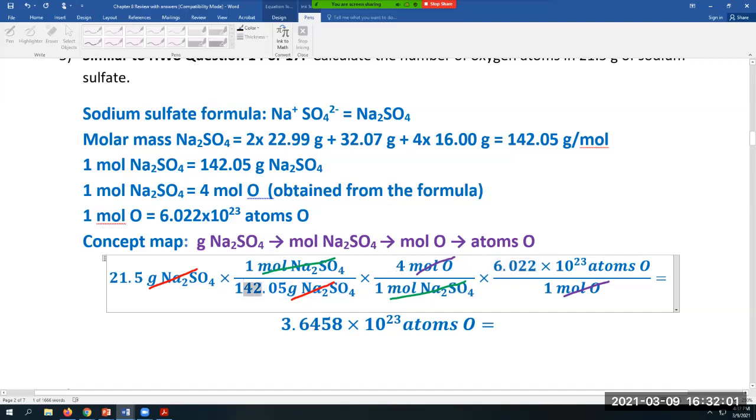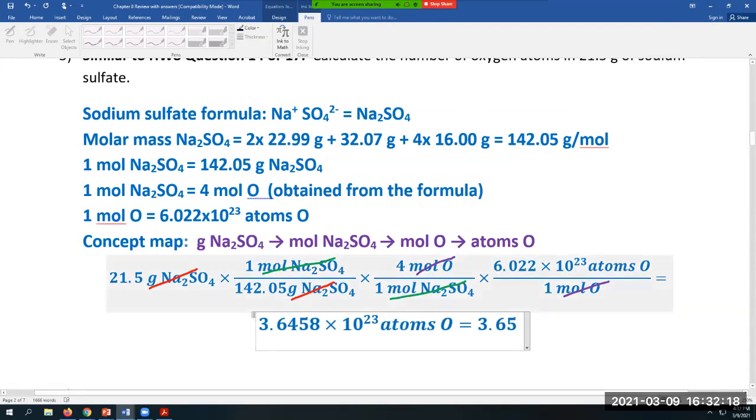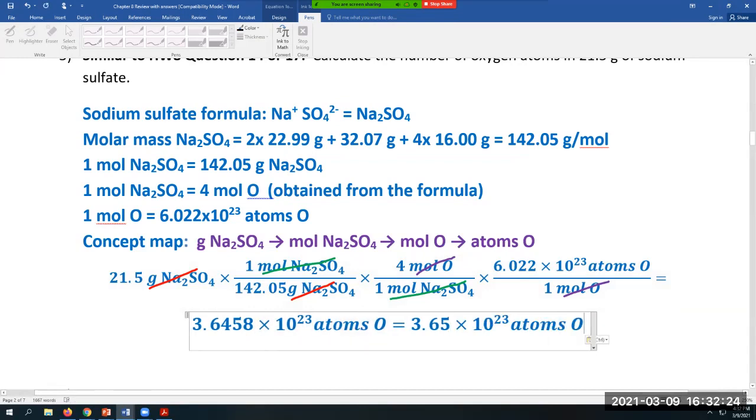The molar mass has 5 sig figs. And the given amount has 3 sig figs. So we need to keep 3 sig figs. So we keep the 3.64. What comes after the 4 is a 5. So the 4 will become a 5. You round up. And then you rewrite times 10 to the 23rd atoms of oxygen.